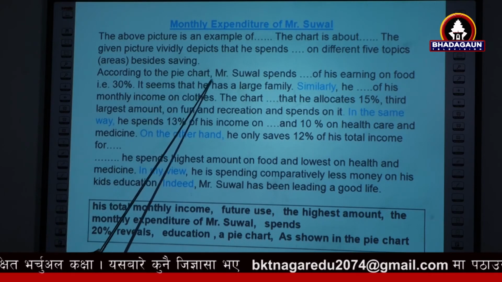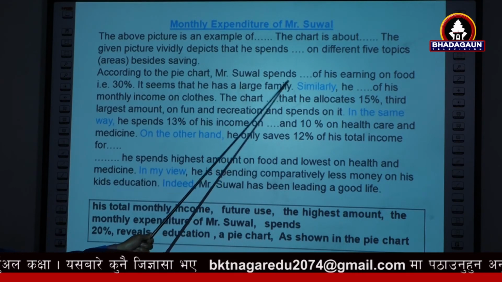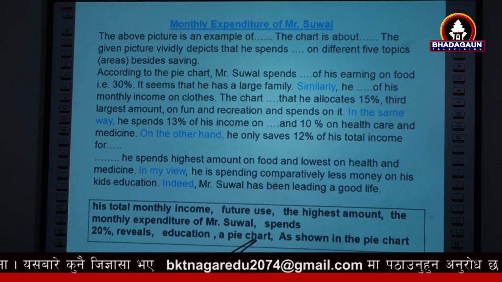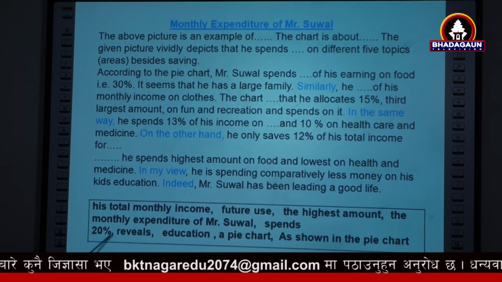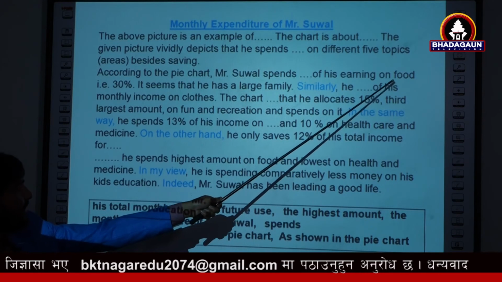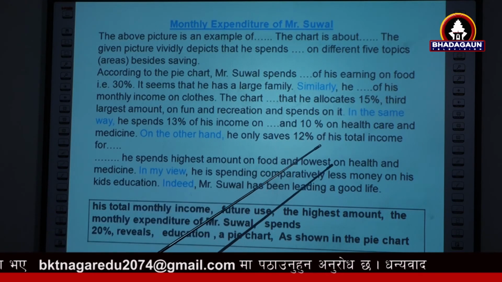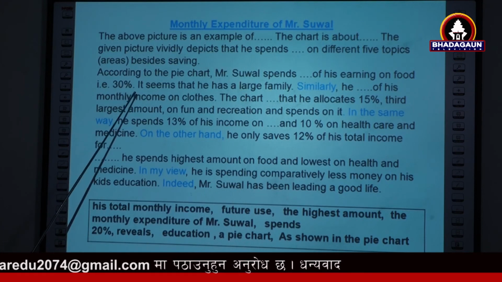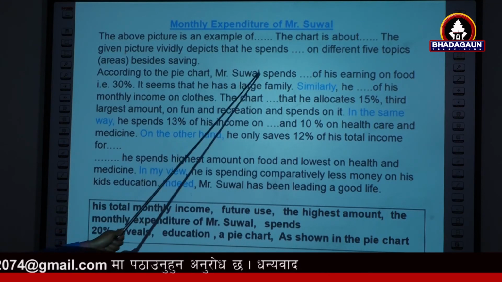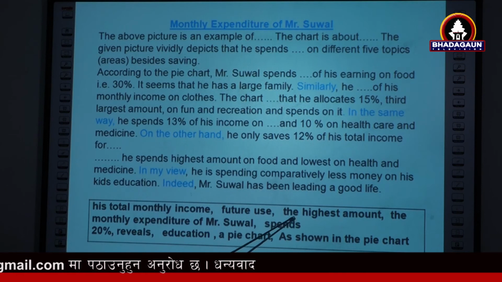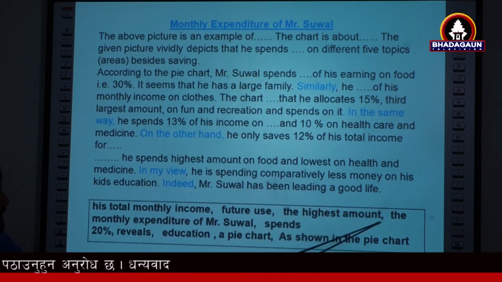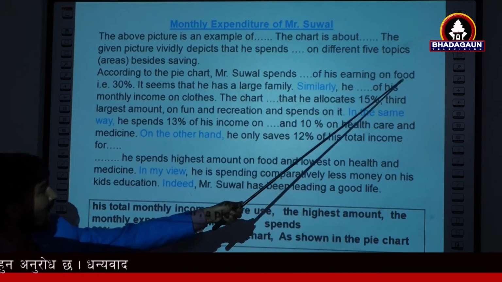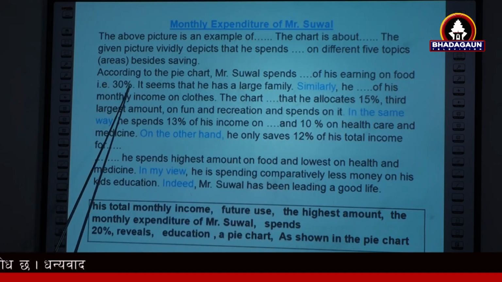According to the pie chart, Mr. Sual spends 20% of his earning on food, 30%, I guess it was 30%, right? Make the correction here also. Sorry, Mr. Sual spends the highest amount of his earning on food, that is 30%.